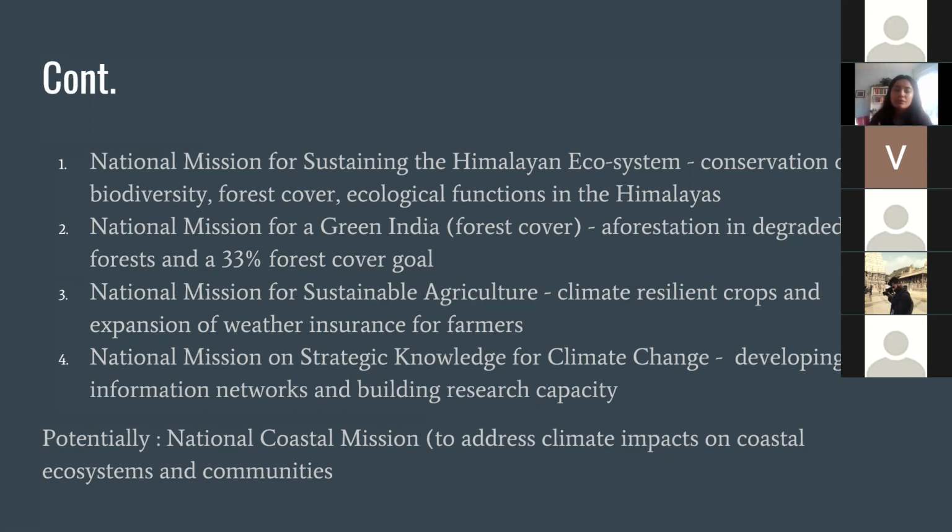A lot more focus is on adaptation, I think, especially for the states who did a comprehensive evaluation of the kind of local level impacts that they were going to see in these states. So they're trying to figure out ways to incorporate both adaptation and mitigation actions into the kind of development pathways that they want the state to take.